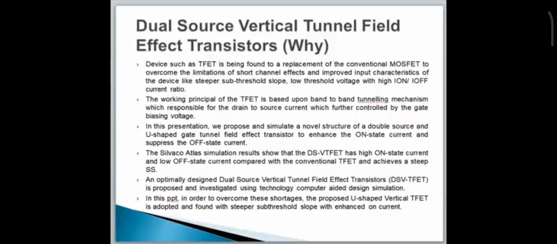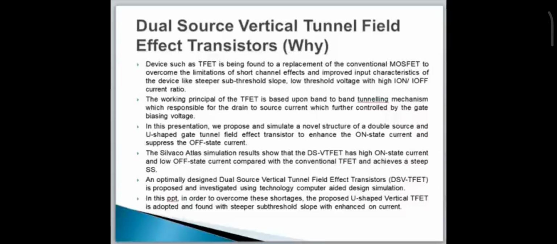In this presentation, we propose and simulate a novel structure of a double source and U-shaped gate tunnel field effect transistor to enhance the on state current and suppress the off state current.